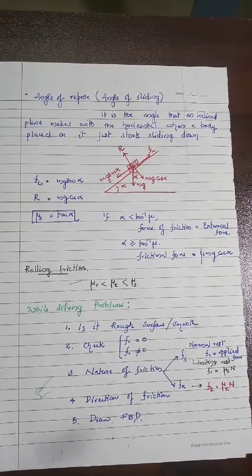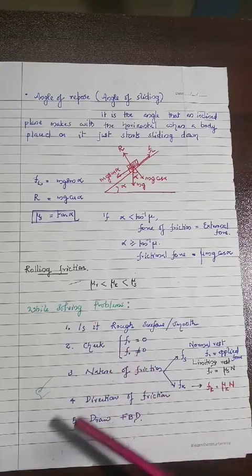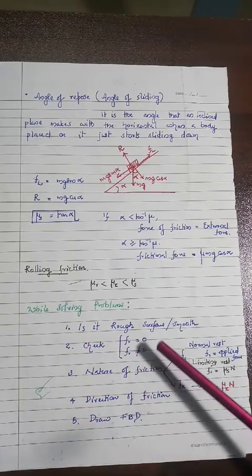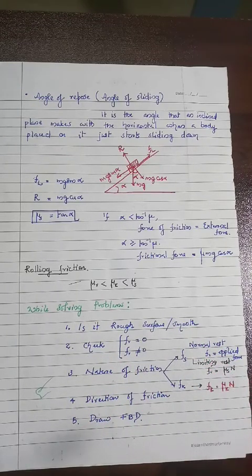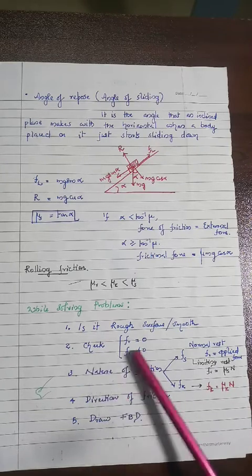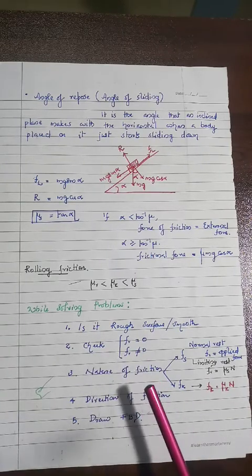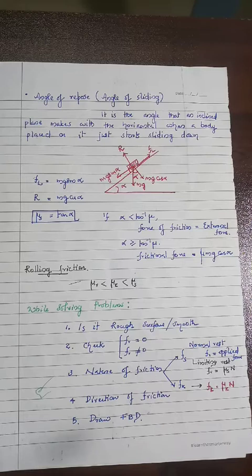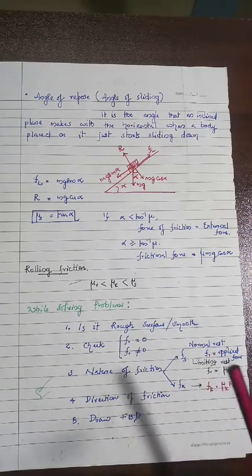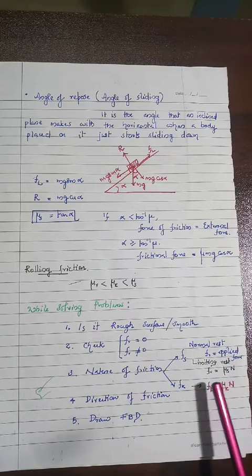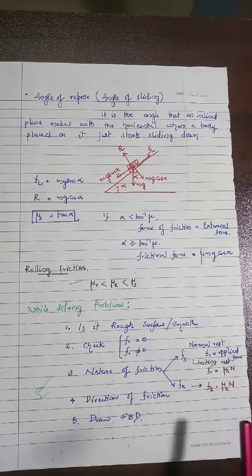While solving problems, you must go through 5 steps. Is it a rough surface or smooth? That finding should be done by you. The second one: is the friction force 0 or not equal to 0, and the nature of friction. And keep in mind, is the body at rest or at limiting rest, so just going to move or not?